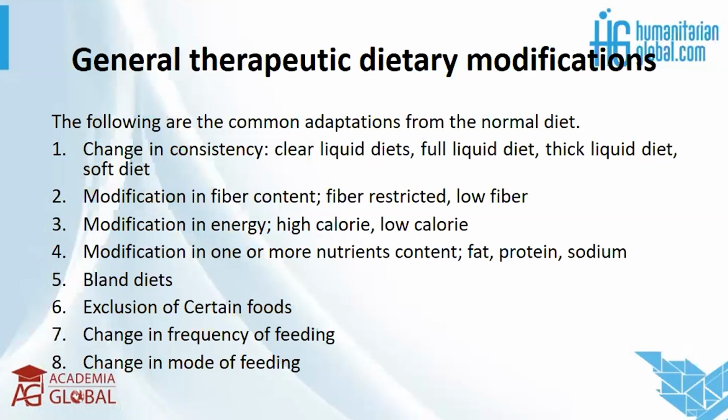So we may have to introduce food through tube, so tube feeding or enteral feeding. Or sometimes the GIT system is not even functioning, and therefore the patient cannot digest the food, and we might have to give intravenous feeding. Those nutrients may need to be introduced in the blood through intravenous feeding, which is a way that we call parenteral feeding. So all this we are going to look into details, and I will begin with the first one. This is change in consistency.